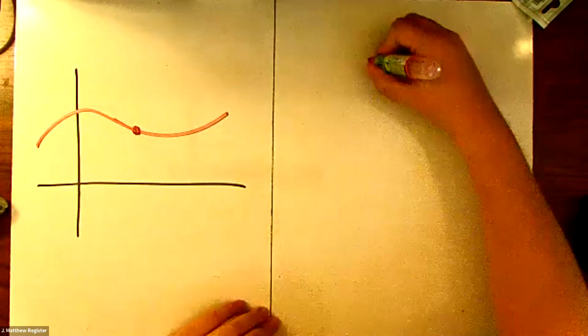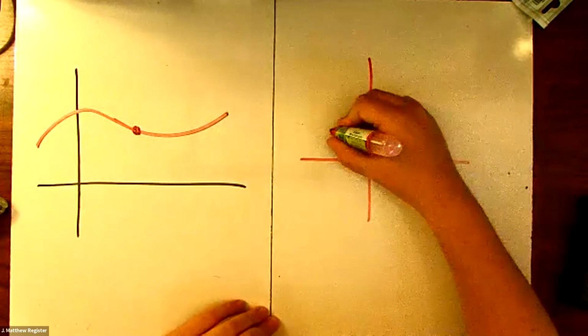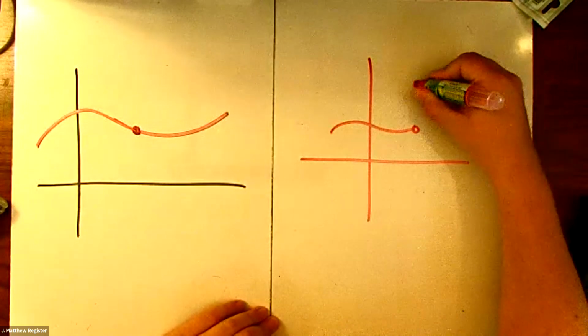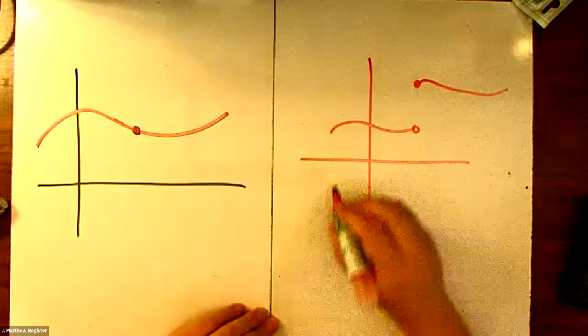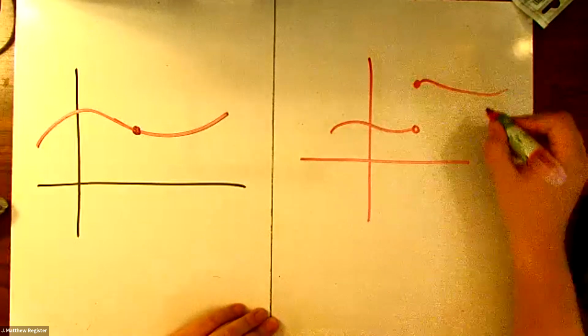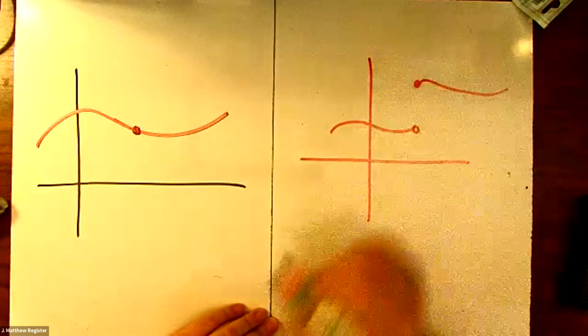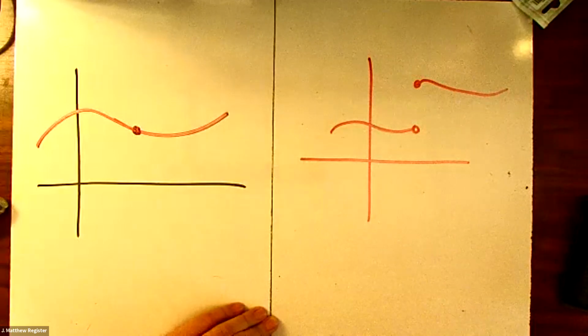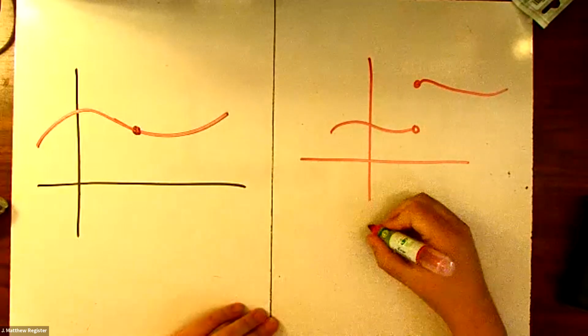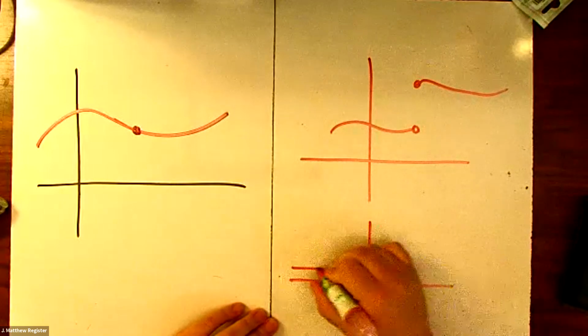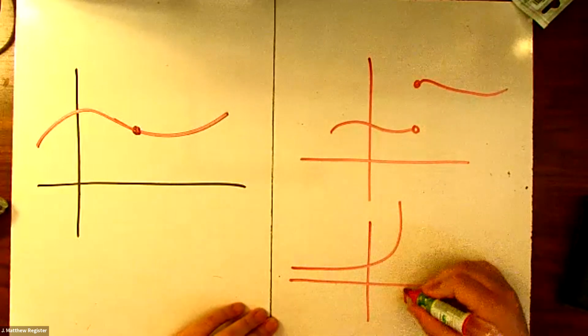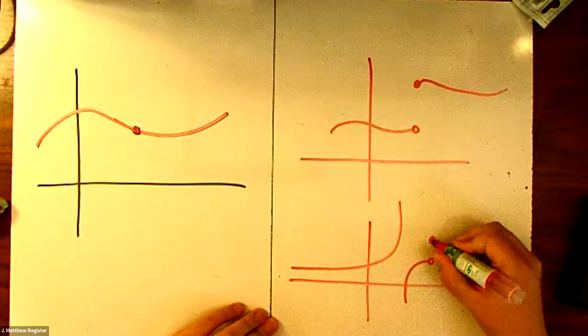If we had a graph like this, notice you cannot draw this function without lifting up your pen and putting it back down again. Same if we had something like this. How about this one? And then how about this one?